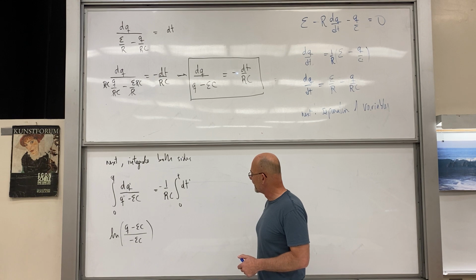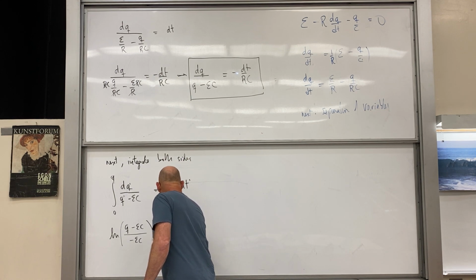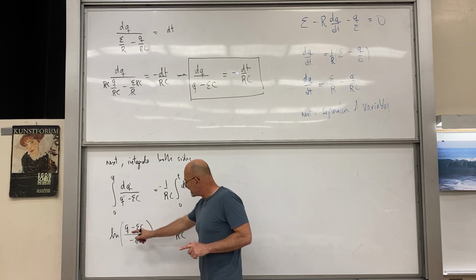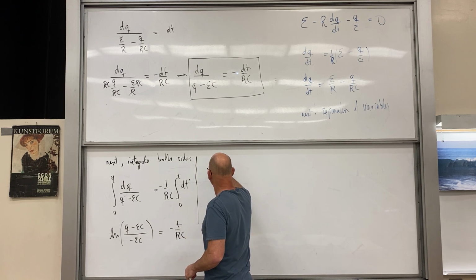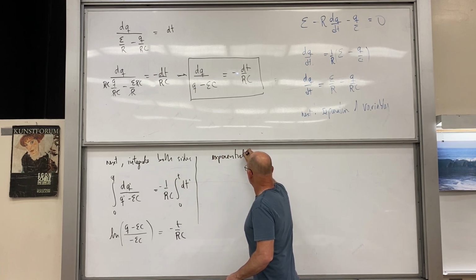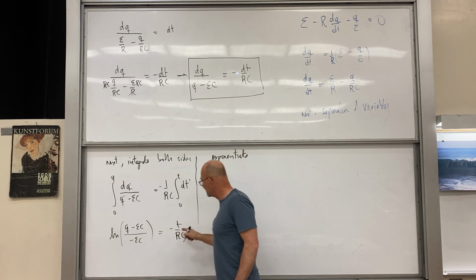And on the right side, we just have minus t divided by R times C. So now we exponentiate both sides, which just means we take e to the left side and e to the right side.